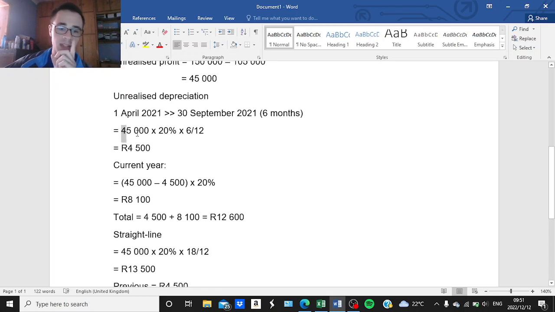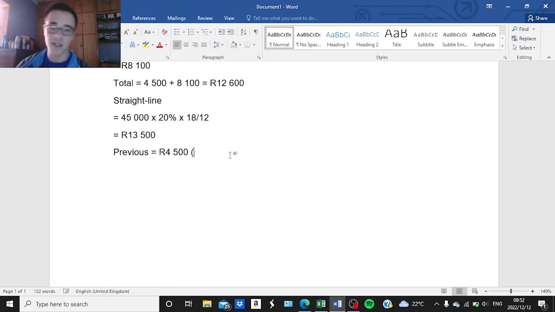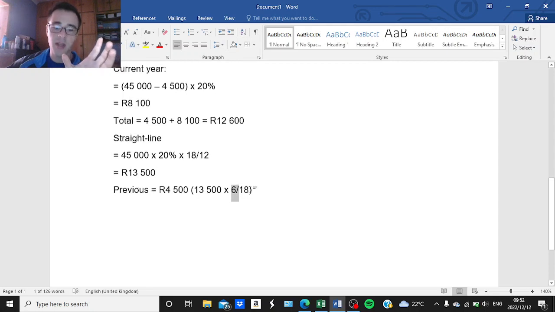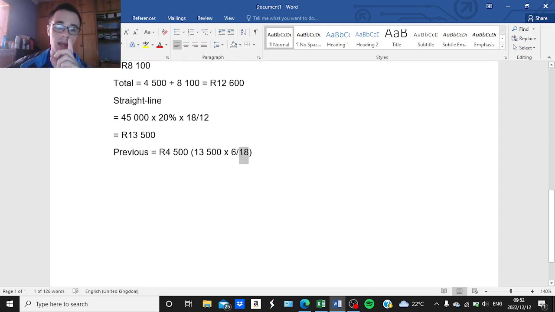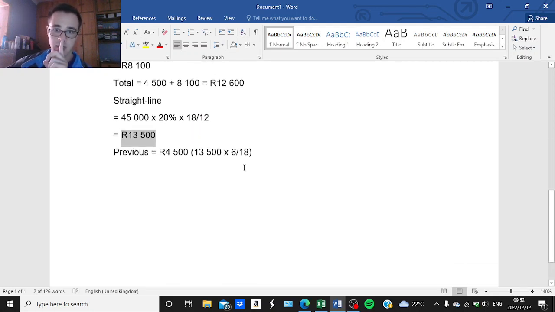The same way that we have calculated it here, taking the unrealized profit of 45,000, multiplied by 20%, multiplied by 6 over 12. Another way that you could have calculated this is by taking the total of 13,500 and multiplying by 6 over 18. We use 6 because we are calculating depreciation for 6 months, the previous period. 18 is the total number of months for which the total depreciation was calculated. Okay, you would also arrive at 4,500.